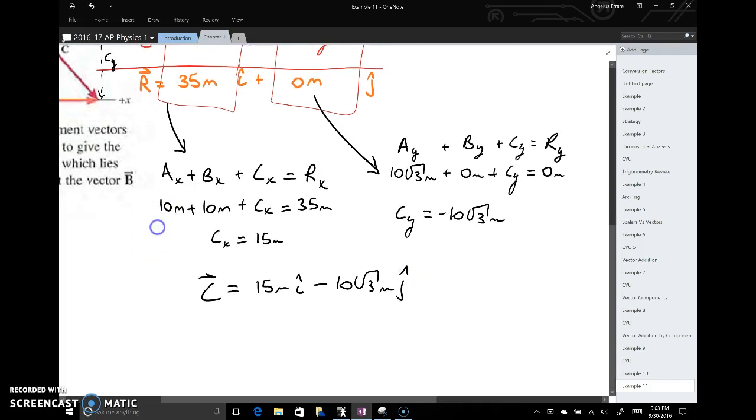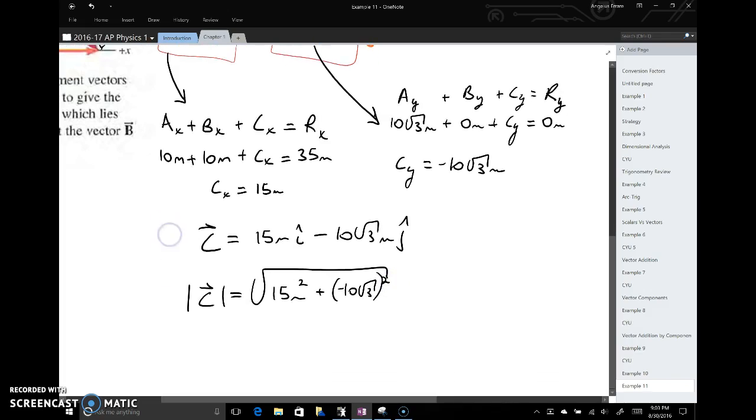We can find the magnitude of c using Pythagorean theorem. Now, don't mess this up in your calculator by forgetting to put the negative sign inside the square. You've got to square the whole thing. So there you go. And when we put that into the calculator, we're going to get something close to 22.9 meters.